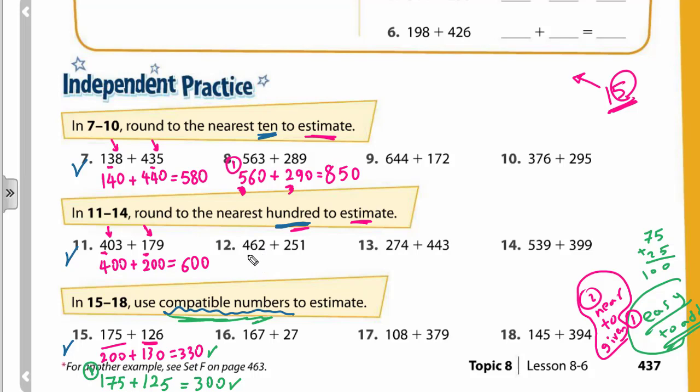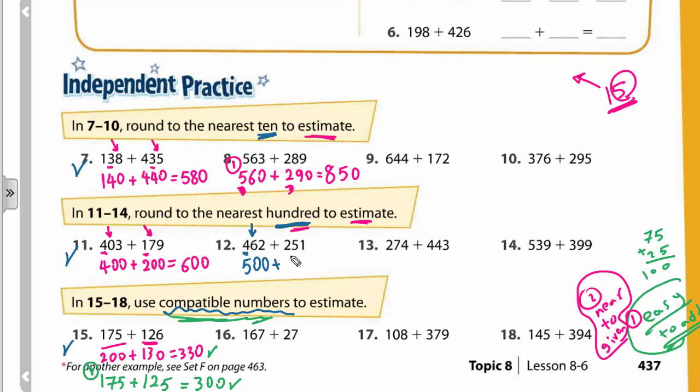400. Yes, the 4 is the hundreds. The 6, is it strong? Yes. So the 4 will be 5, yes.